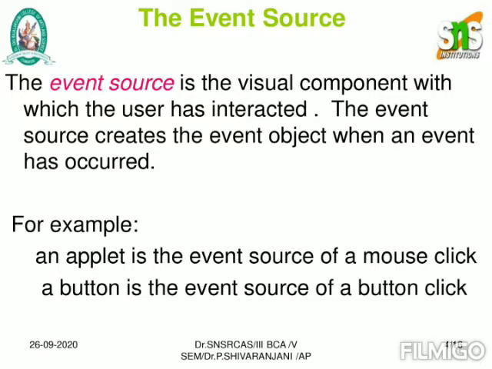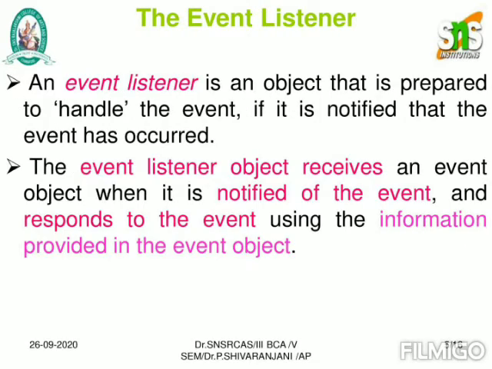The next thing is the event source. The event source is the visual component with which the user has interacted. The event source creates the event object when an event has occurred. For example, an applet is an event source for a mouse click, and a button is the event source for a button click. These two examples specify what an event source is.